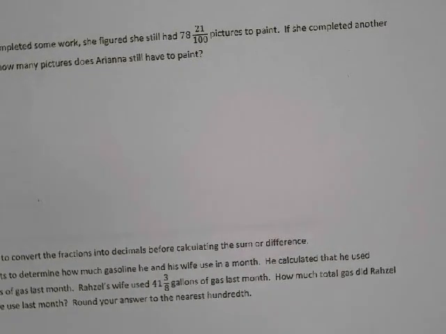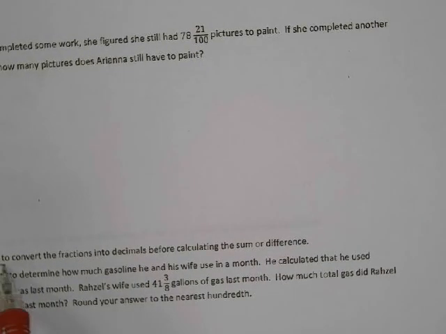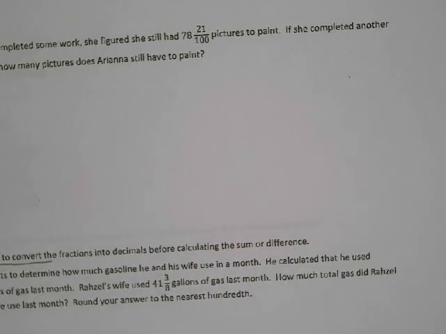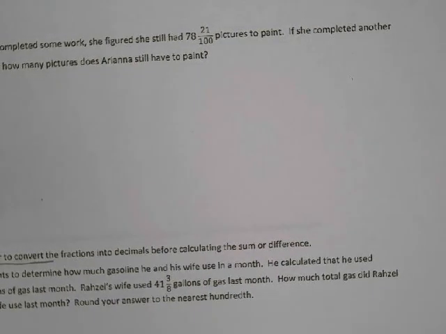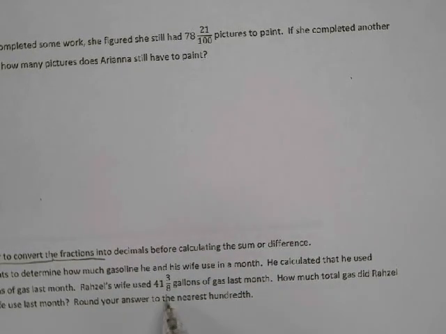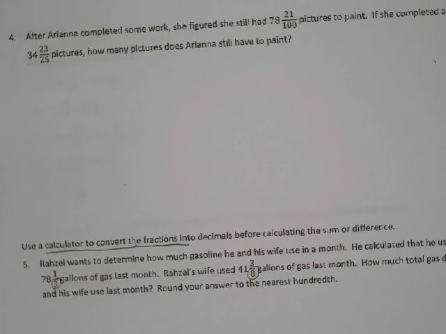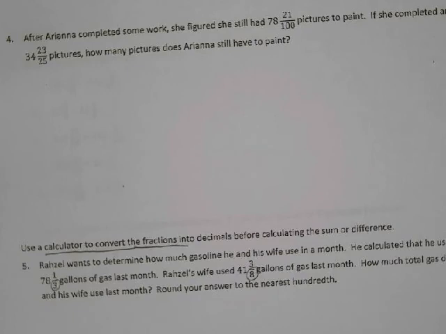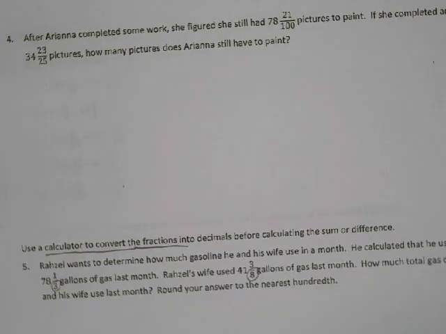On number 5, notice that it says to use a calculator to convert the fractions first, because these fractions don't easily change to 100, so make sure that you're actually changing those fractions using your calculator.